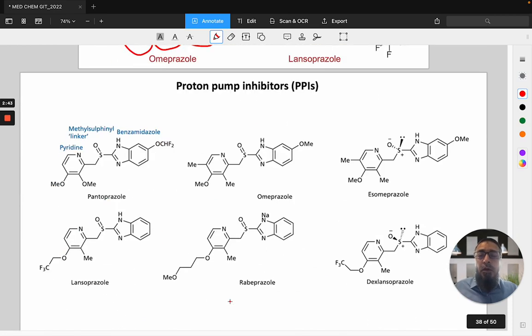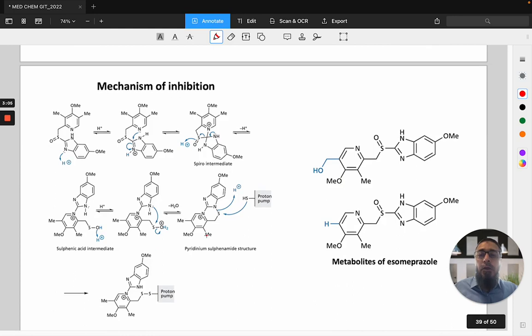You can see all these molecules have the same structural features: this one is the pyridine, this is the methyl sulfinyl linker, and this one is the benzimidazole. So they have these three most important parts, the structural features of the proton pump inhibitors.